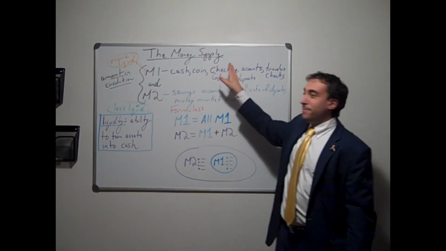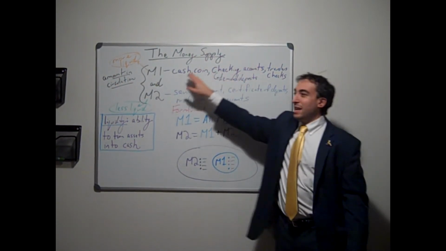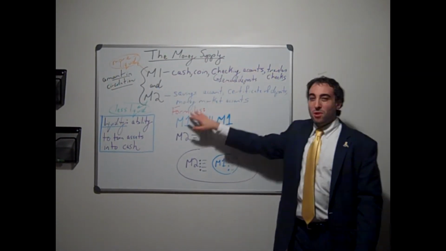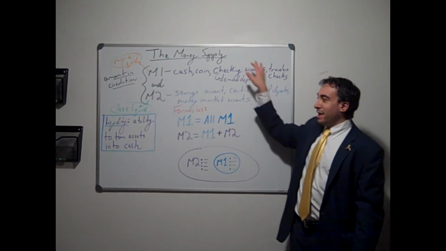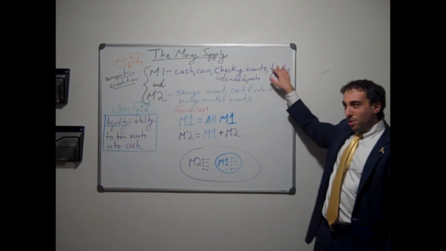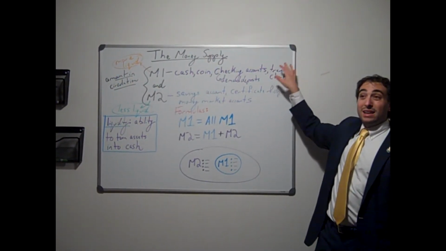So let's say you turn $20 cash and put that cash into your checking account. The formula for M1 is just M1. You can change M1 into its different forms, and the amount of M1 in circulation will not change.